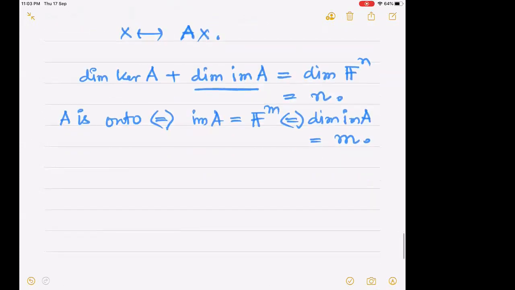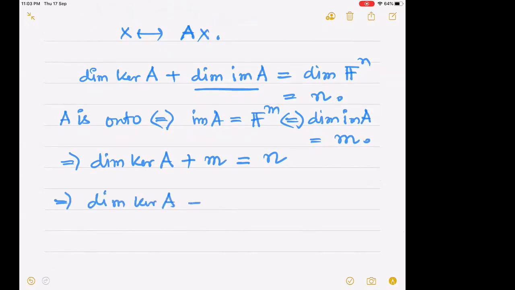Which then means dimension of kernel of A plus this m is equal to this n, which then tells me dimension of kernel of A is equal to n minus m.